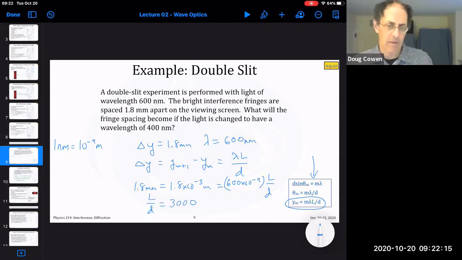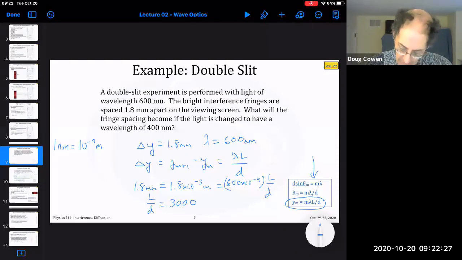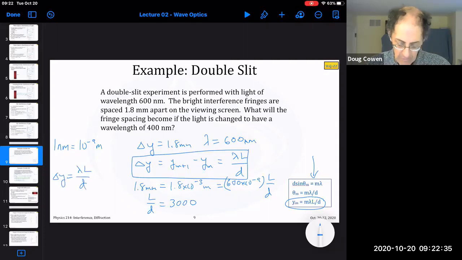Now that's not what the question asked for. The question asked for what happens if the light wavelength is changed to 400 nanometers. Now, if you look at this original expression that I wrote down here, delta y, lambda L over D, you see that L over D appears here.